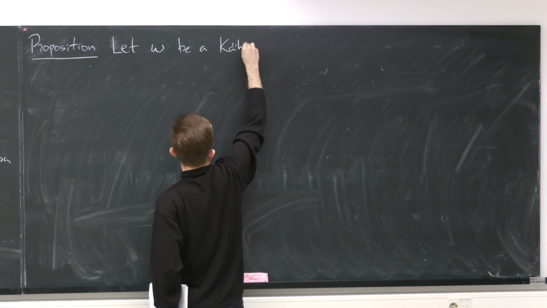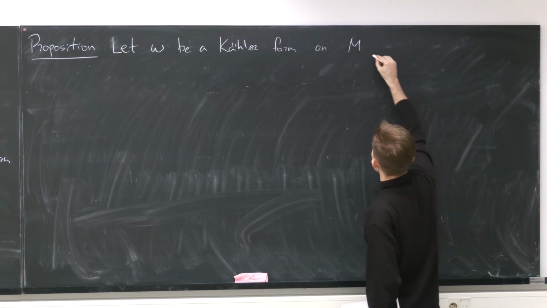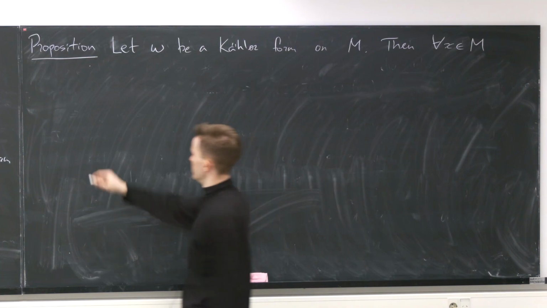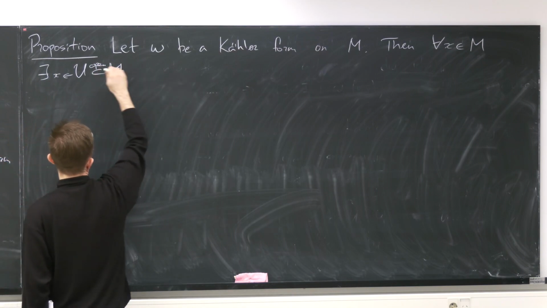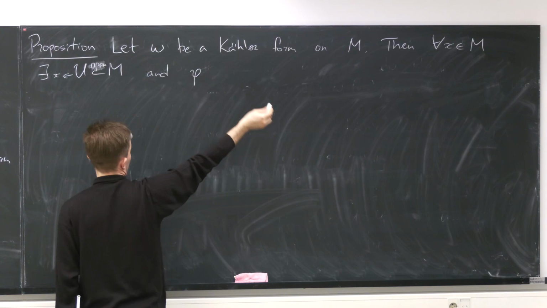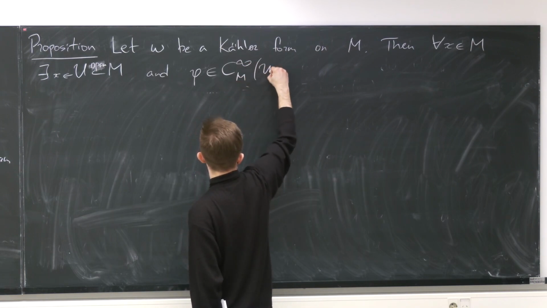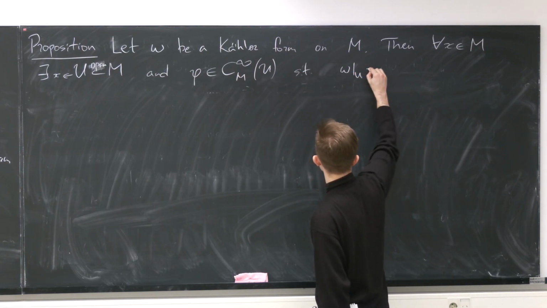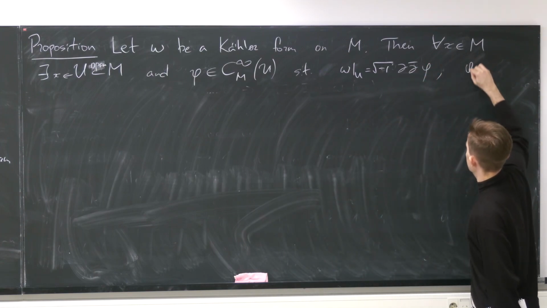If we have a Kähler form omega on M, then for any point x there is some open neighborhood U of x and a C infinity function phi defined on this U such that omega restricted to U is i times ∂∂̄ phi, and also this function is real.